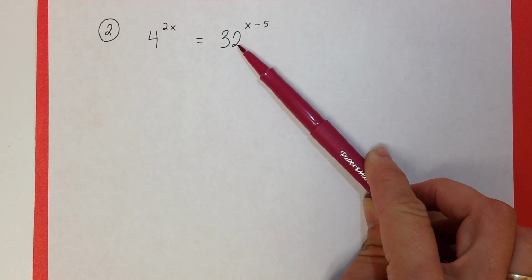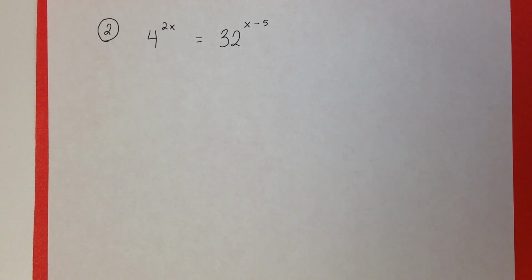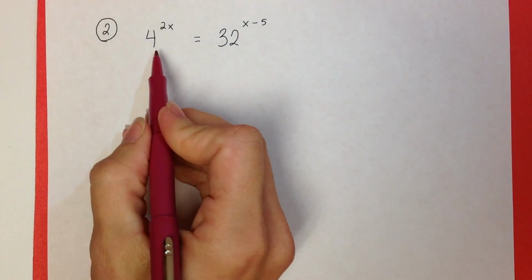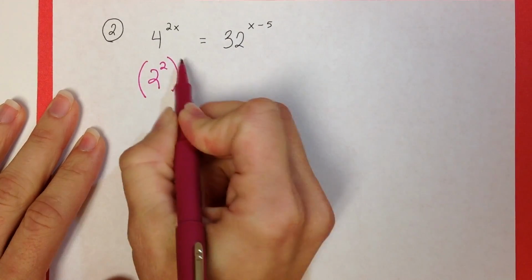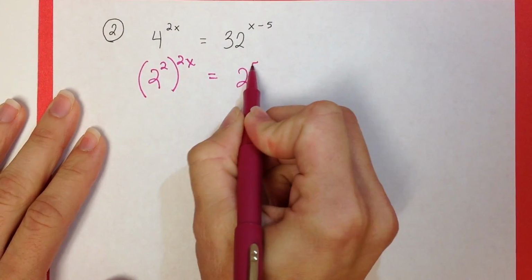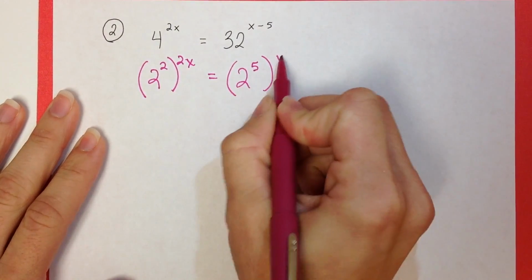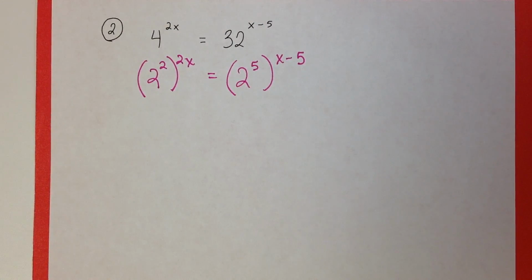So that tells you that you've got to rewrite both bases, and both of them you need to take back to a base of 2. You can rewrite the 4 as 2 squared, and the 32 would be 2 to the 5th. So this one shows you rewriting both bases.